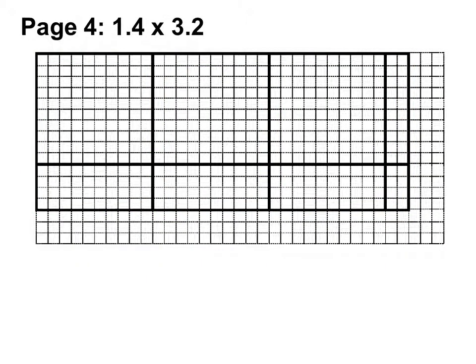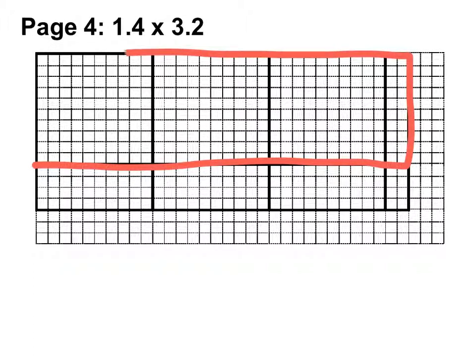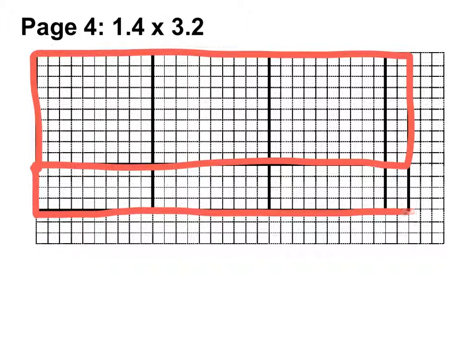Or if I want to think about it as 3 2/10, 1 4/10 times, this is 1, 2, 3 2/10, right? Remember in your 10 by 10 grid, every column or row represents a tenth. So here's 3 2/10, and then here is 4/10 of 3 2/10.